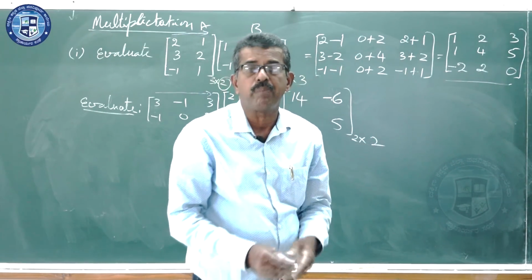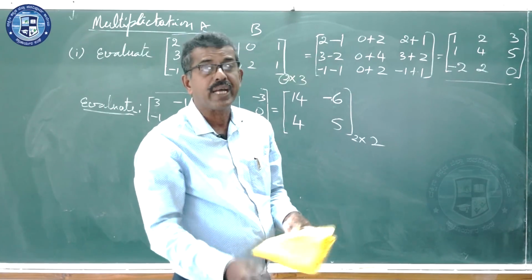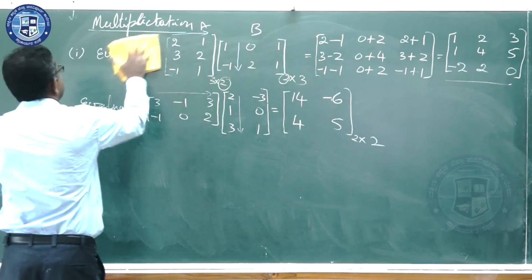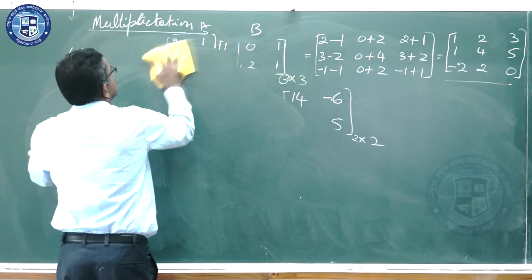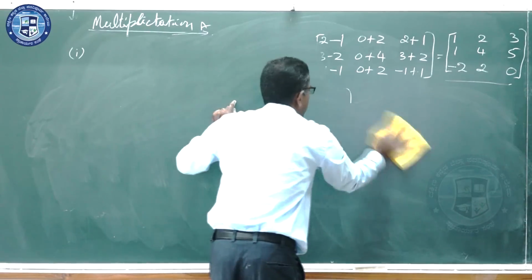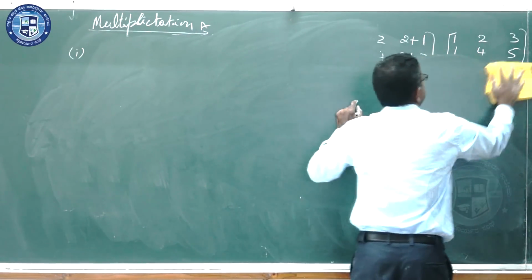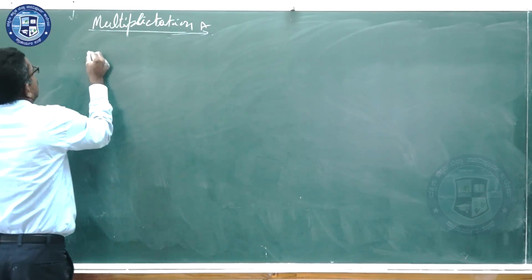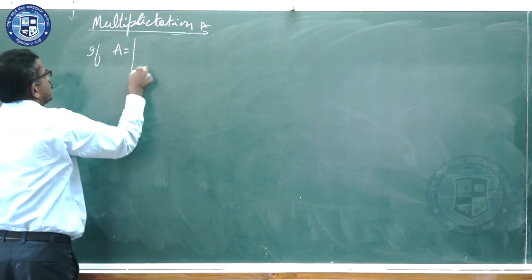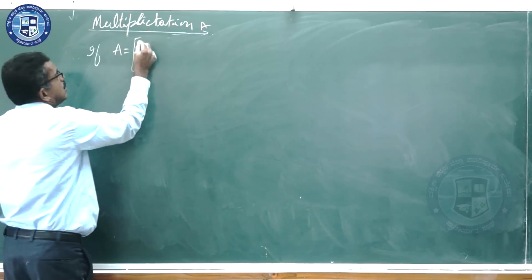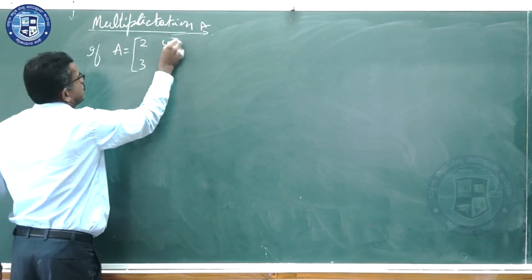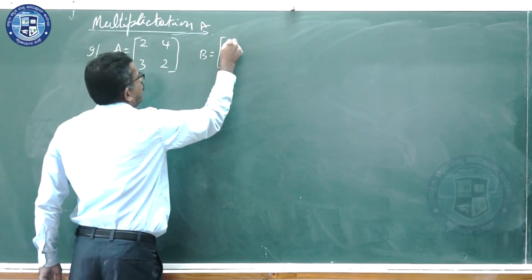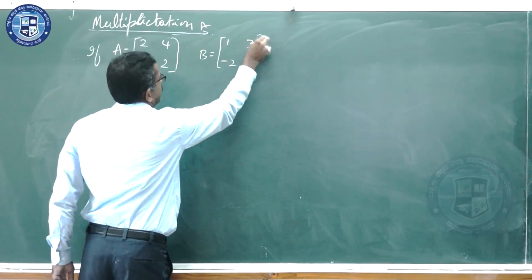But we shall discuss one problem which has been given in the NCERT book to prove that A into B is not equal to B into A. Let me take a simple example given in the NCERT book. A 2 cross 2 matrix A with the elements 2, 4, 3, 2, and another 2 cross 2 matrix B with the elements 1, 3, minus 2, 5.